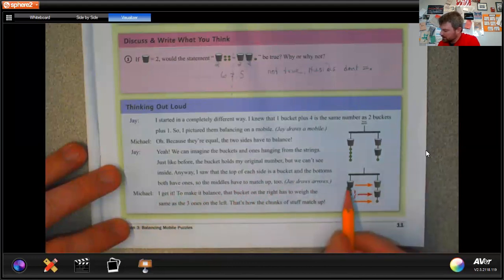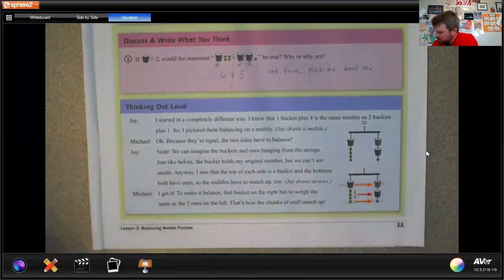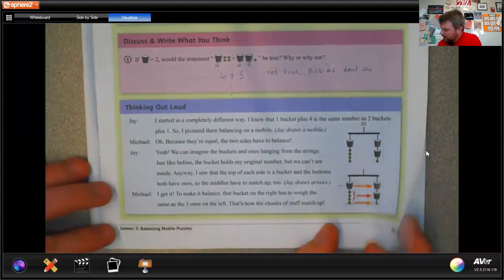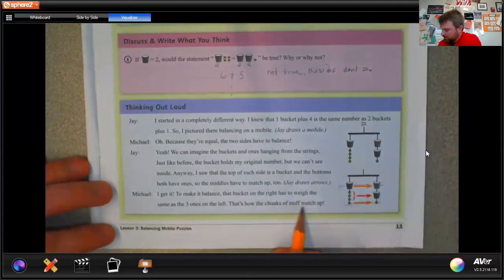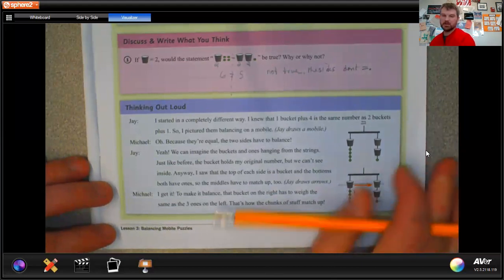So what he's saying is he crossed that out and paired that up because they match, and then everything in the middle also has to match. Michael says, I get it. To make it balance, that bucket on the right has to weigh the same as the 3 ones on the left. That's how the chunks of stuff match up. So they're chunking it up.